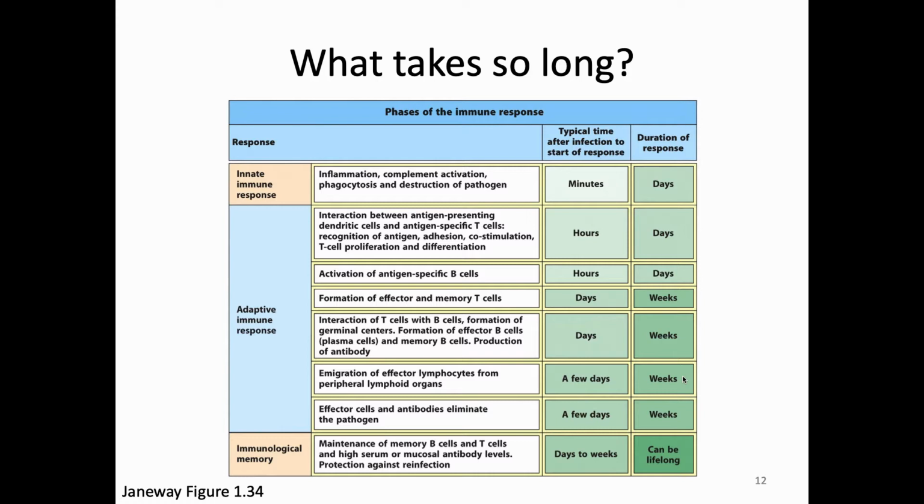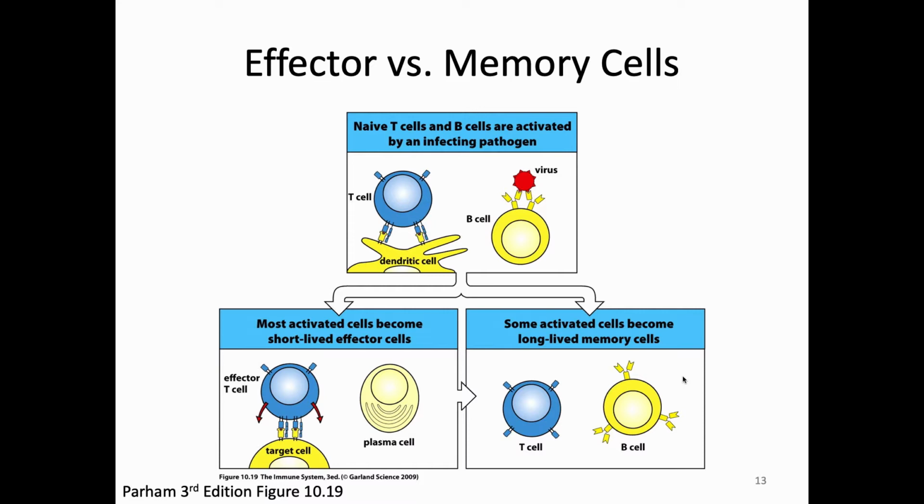One of those things that has to happen is this process of differentiation. With differentiation, our naive cell, like a naive T cell or a naive B cell, is going to become a more specialized cell type. This could be an effector cell. An effector cell can get rid of pathogens.